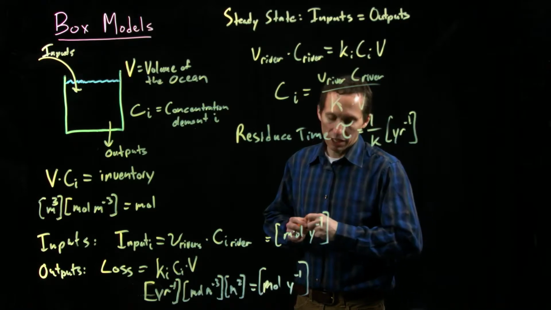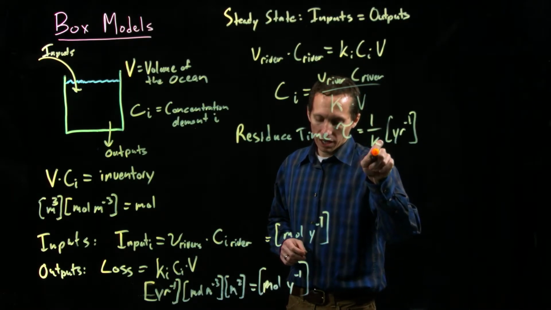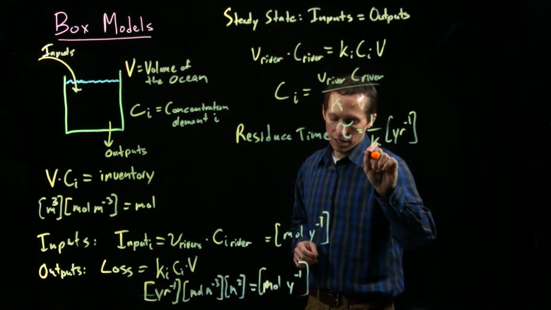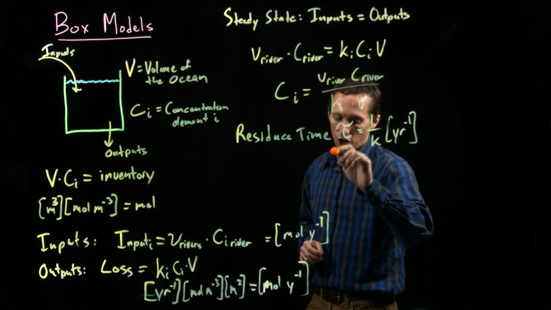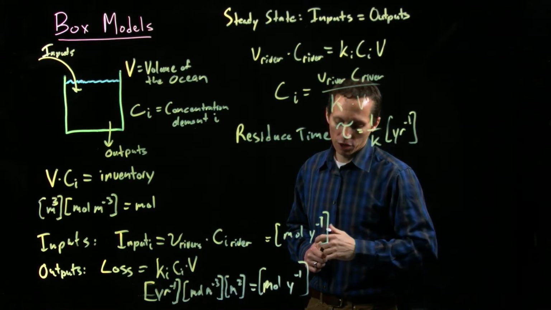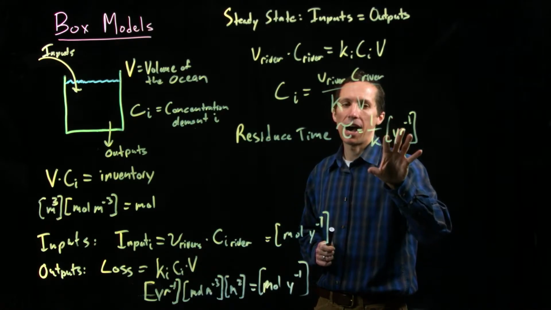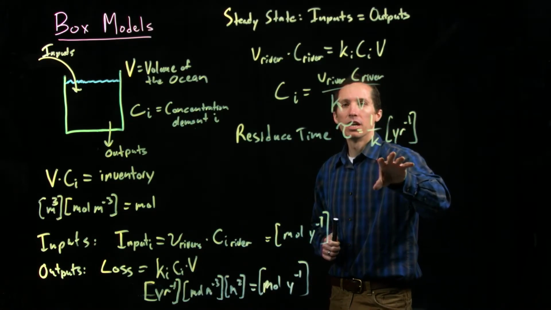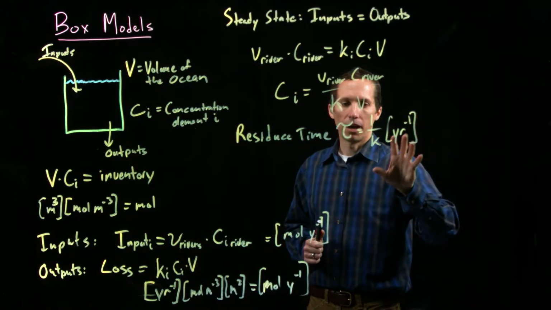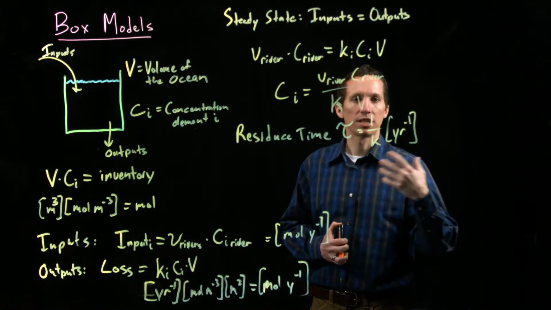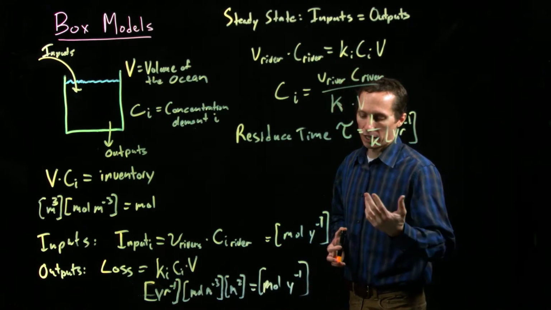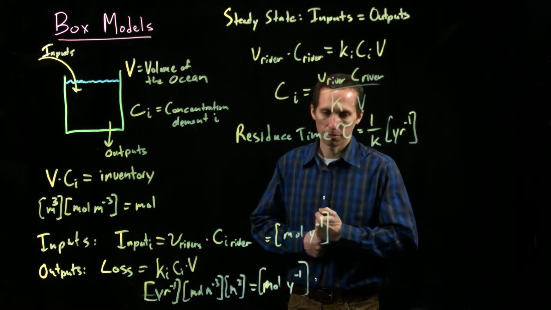So if K is small, then tau is large, and the ocean concentration is high. And that's because essentially anything that comes into the ocean stays there for a long time and just accumulates there.